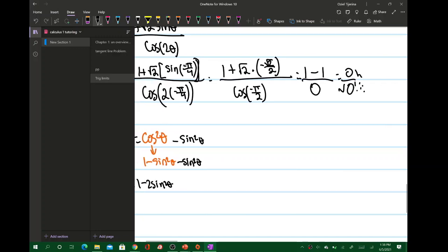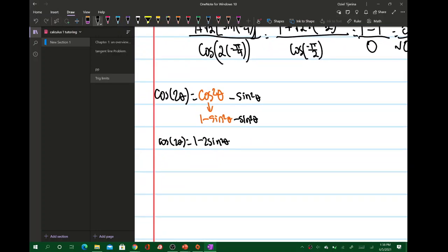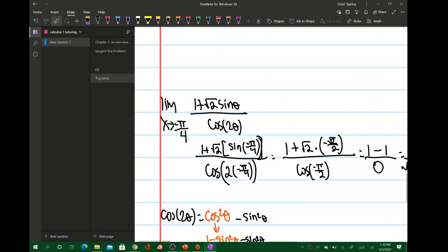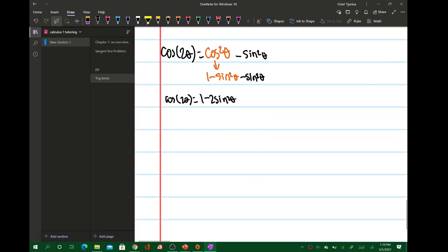So then we can simplify this. This part gives you a hint as to how to factor this. That's one of the factors. So it factors as 1 minus the square root of 2 sine theta times 1 plus the square root of 2 sine theta.